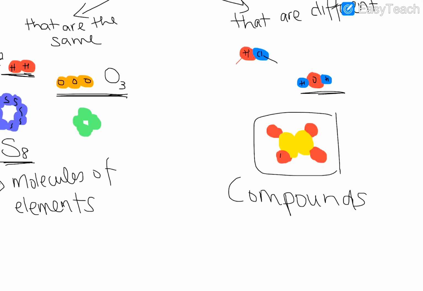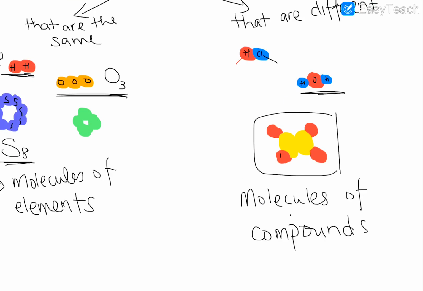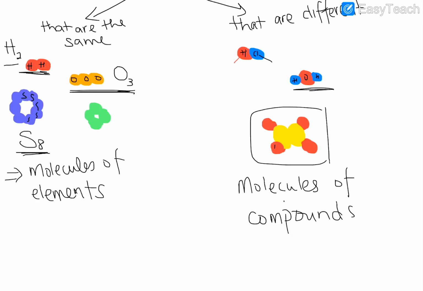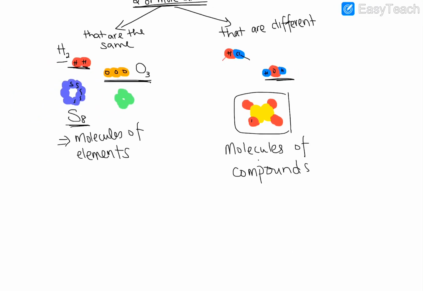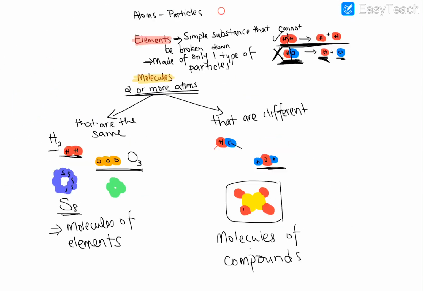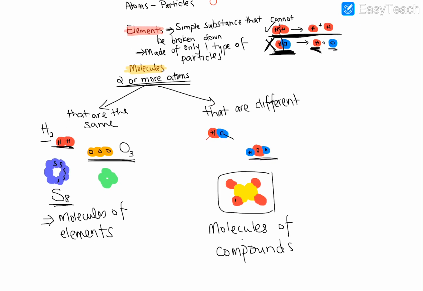So these are molecules of compounds. This is a bit of a summary of whatever we have covered: atoms, elements, molecules, molecules of elements, and molecules of compounds. This is a new term. We're going to see more about compounds.